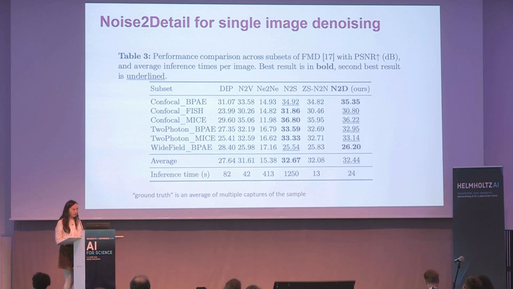If you average that, the noise is gone, and that can serve as a ground truth. And indeed, our method usually achieves the second best, similar to the best algorithm, but our method is much quicker. The inference time is 24 seconds, which is 15 times quicker than the other method, which is trained in a self-supervised way and needs a lot of training.